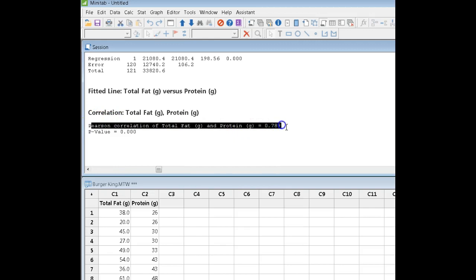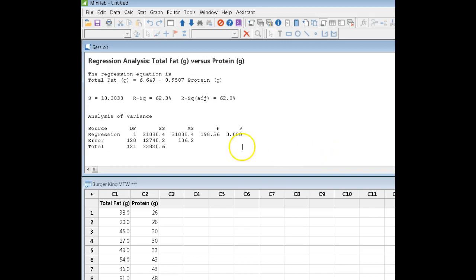This is my R value right here, 0.789. If you put that in your calculator, 0.789, and you squared it, you would get 0.623. Minitab expresses the R-squared as a percentage, and that's typical of most software. So R-squared and R themselves are related to each other.